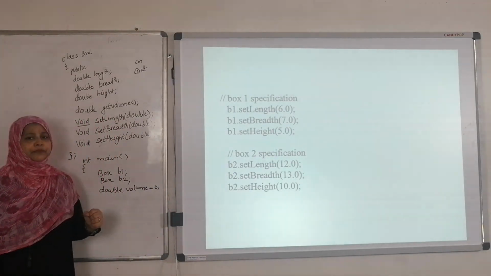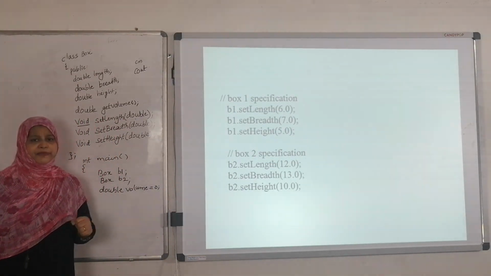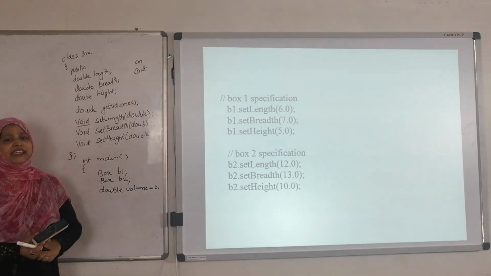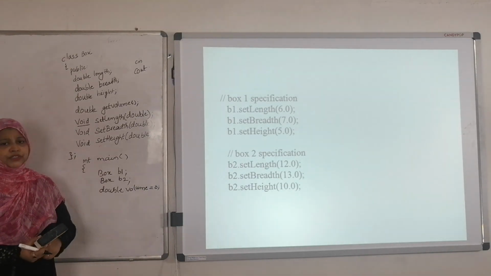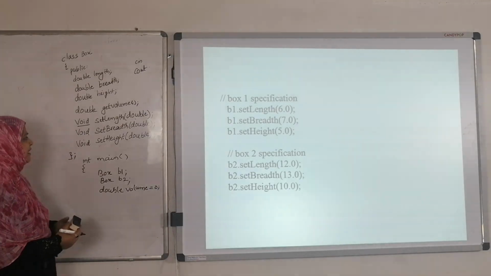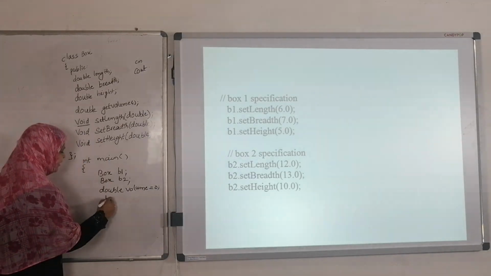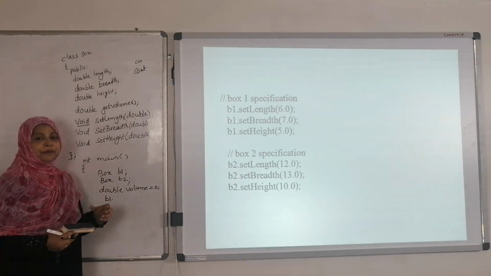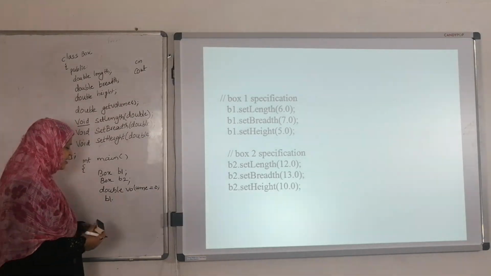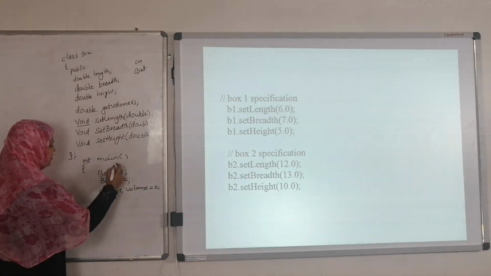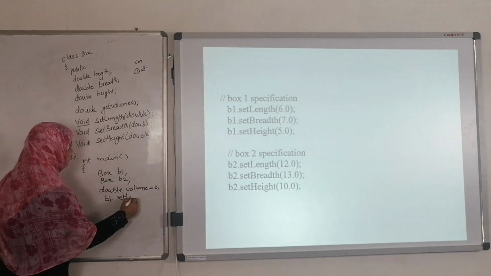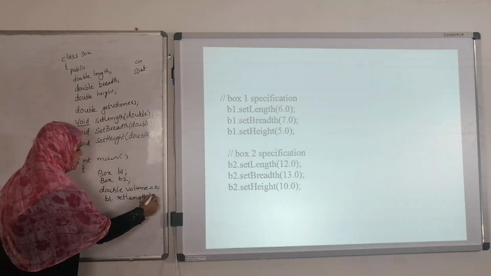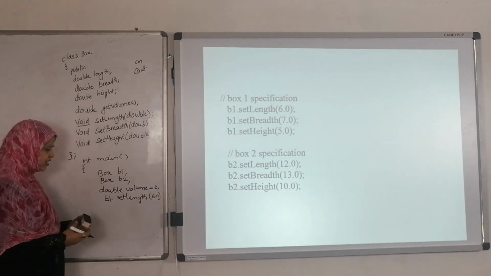Now I am going to write the box B1 specification. B1 specification means we have to assign the length, breadth, height values to the object B1. So how to assign the values? B1 dot set length 6.0.